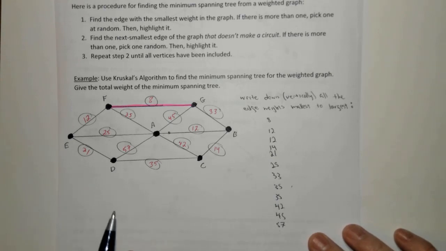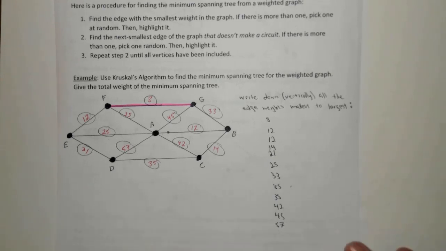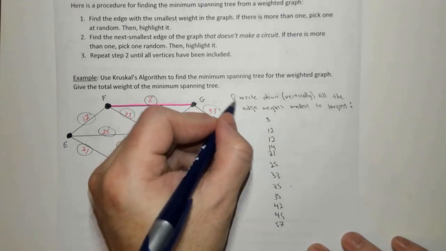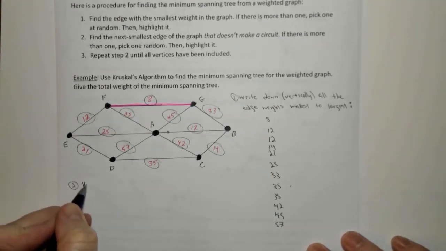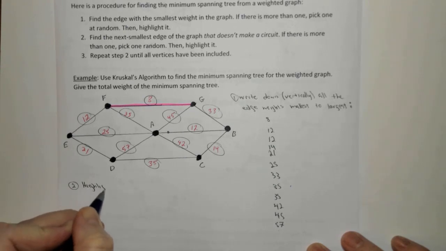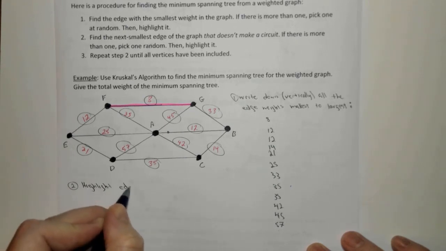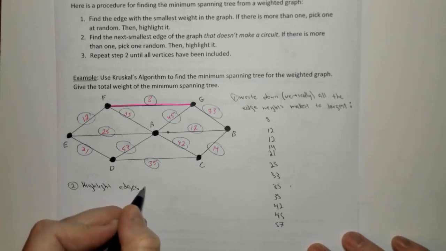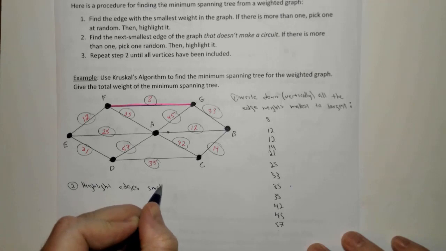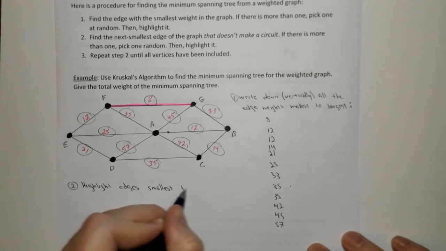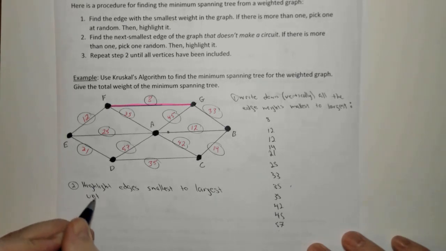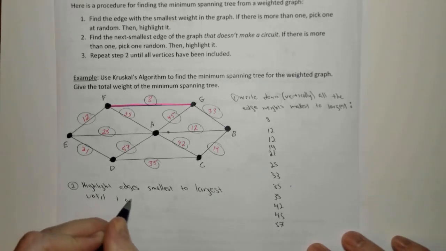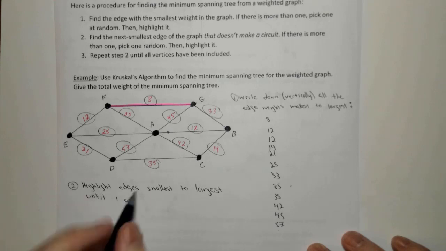The next thing I'm going to do is start highlighting. So I guess that's my first step. My second thing, I'm going to highlight edges, smallest to largest, until I get circuits.